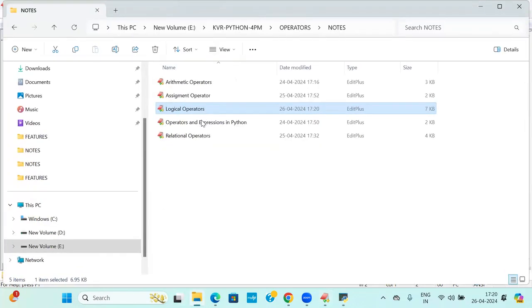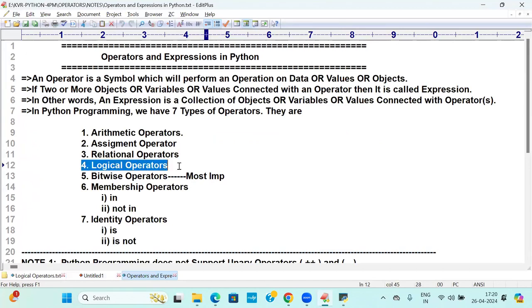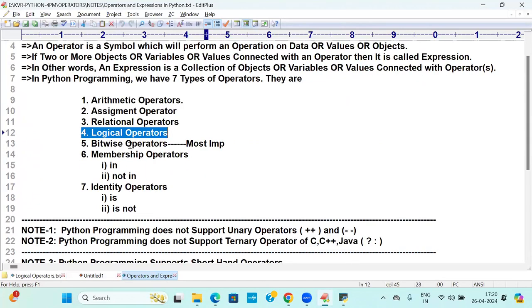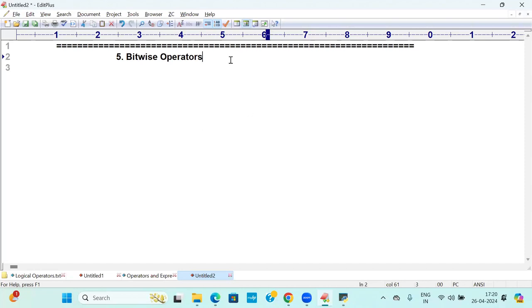Let me go to operators and expressions once more. What did you understand? Logical operators. Now I'm entering into bitwise operators. Bitwise operators I am going to introduce. See how important this is. Most important.